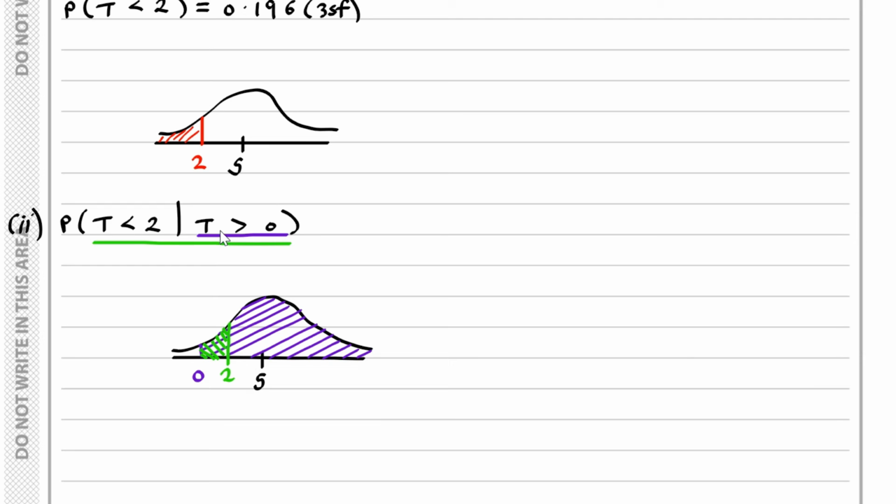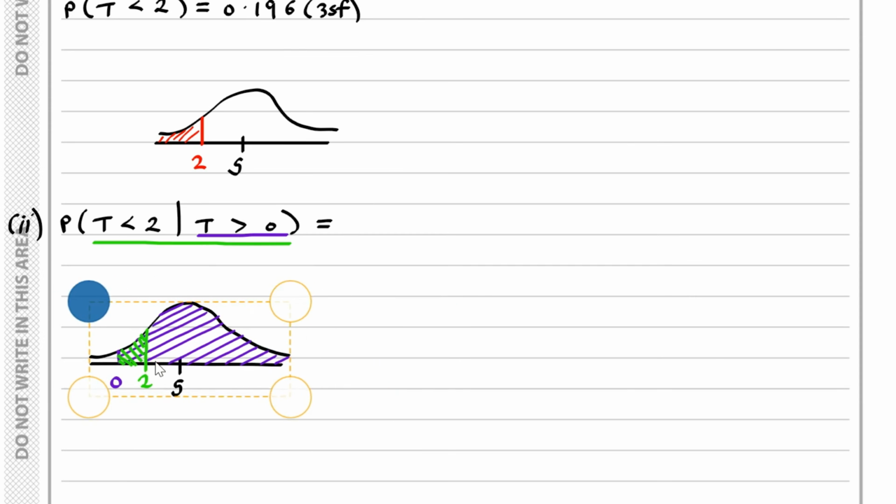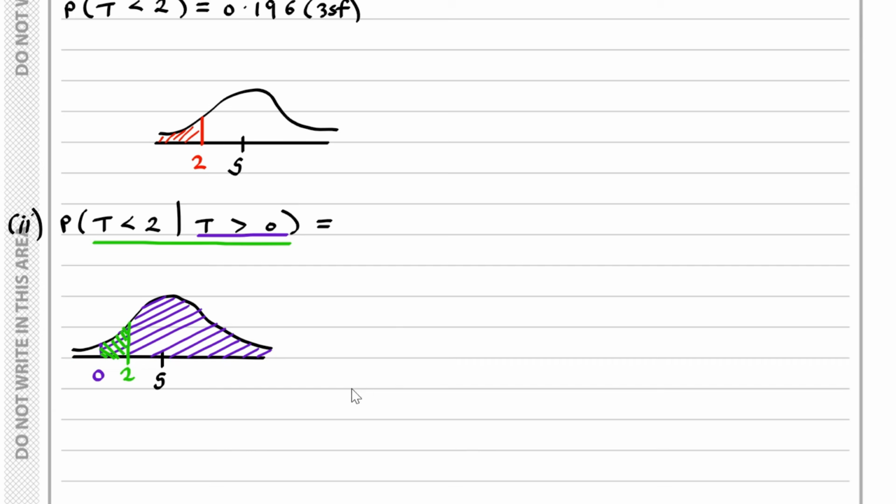So we have to be a bit careful here. We're not going to be using this value, because t being less than 2 implies that we're looking at the probability that t is in between 0 and 2.